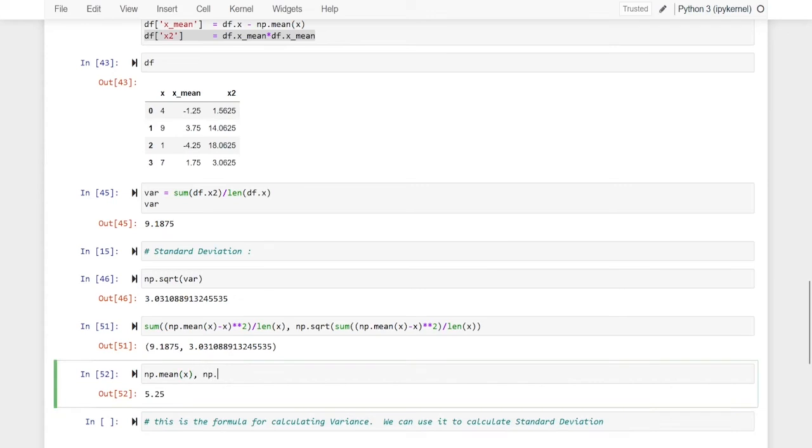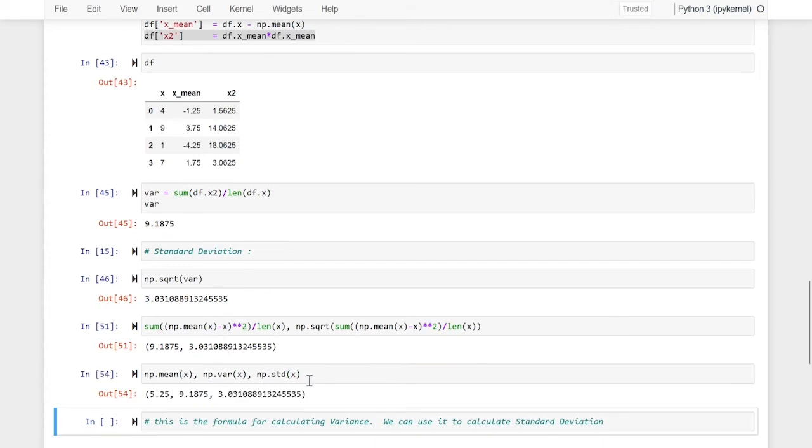We have variance available. 9.18, just see, we calculated. We also have standard deviation. So we will use them. We will never calculate it ourselves. But what exactly are we doing? We are only trying to understand how variance and standard deviation are calculated. In fact, we calculated average also, mean also.